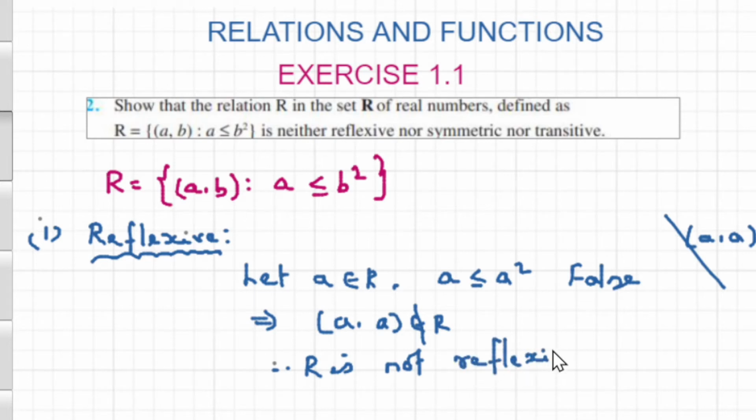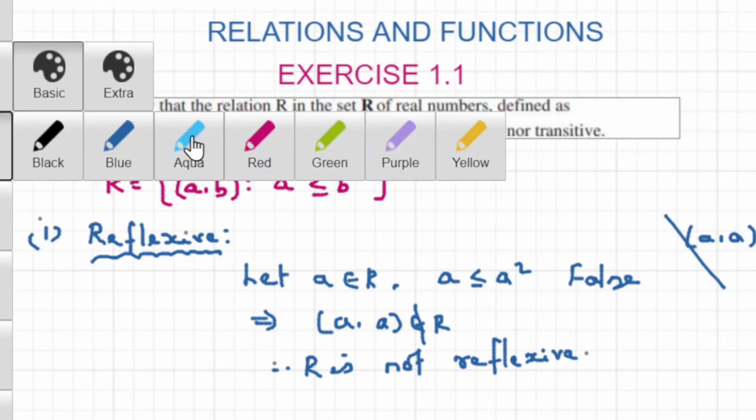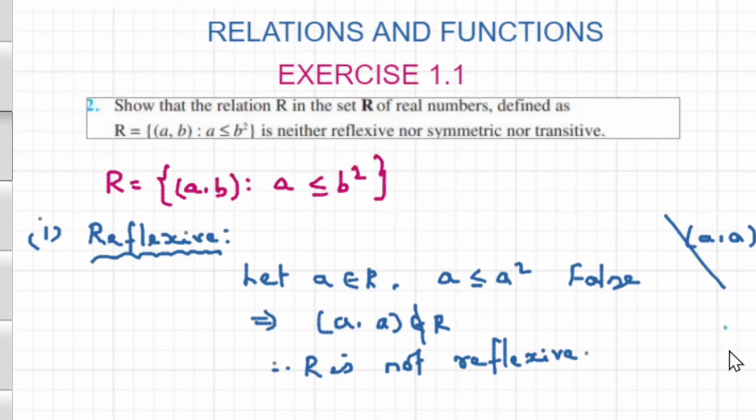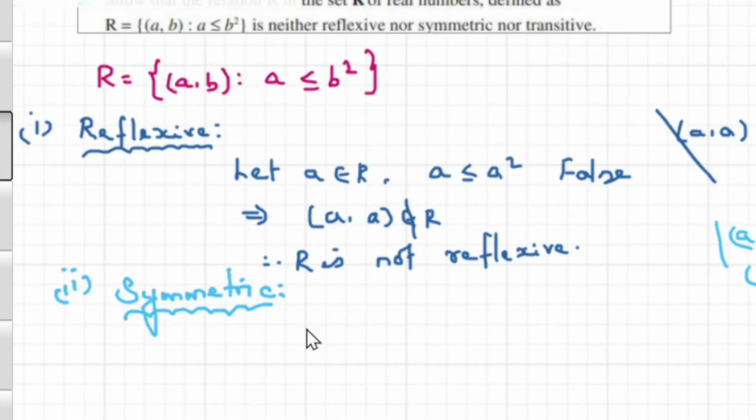Then we consider the next one, which is the symmetric condition. For symmetric, if (a, b) belongs to R, then we check whether the reverse (b, a) also belongs to R; then we can say it is symmetric.